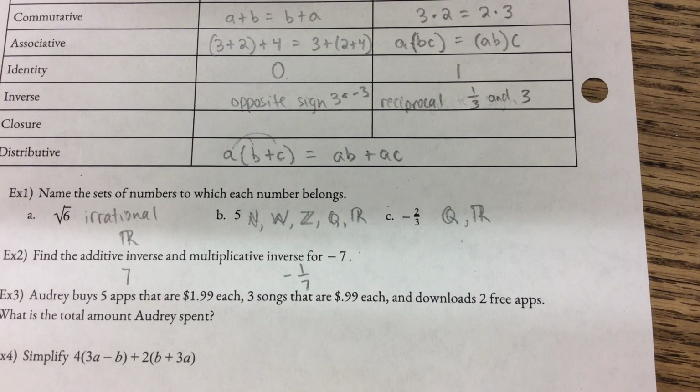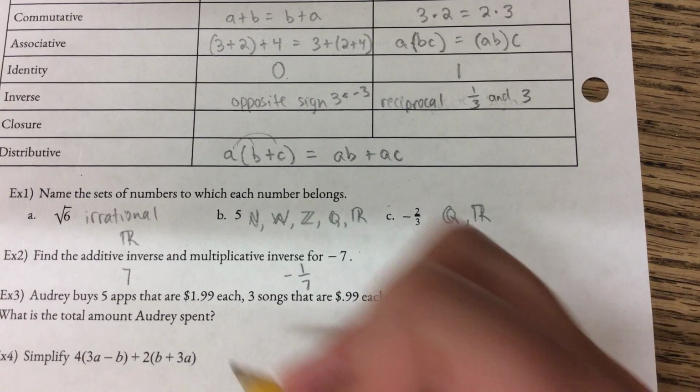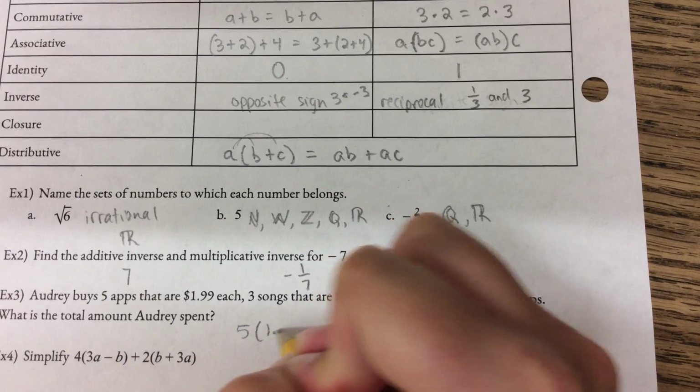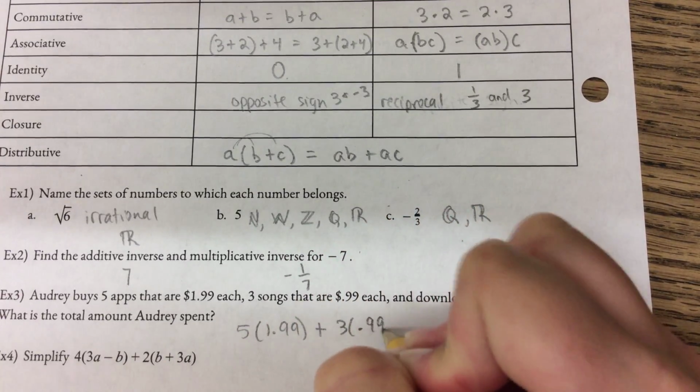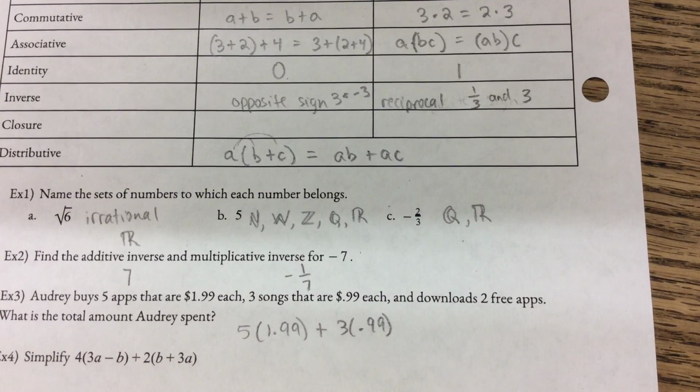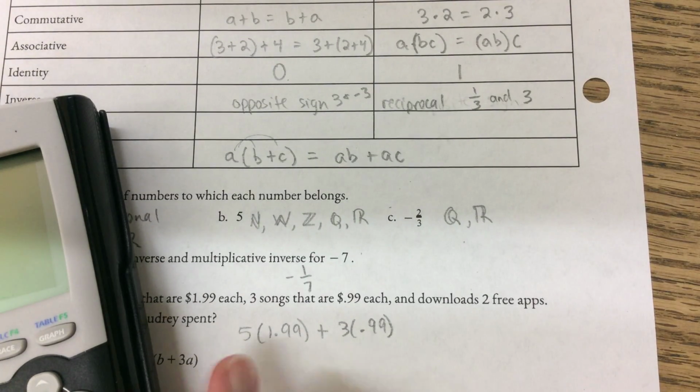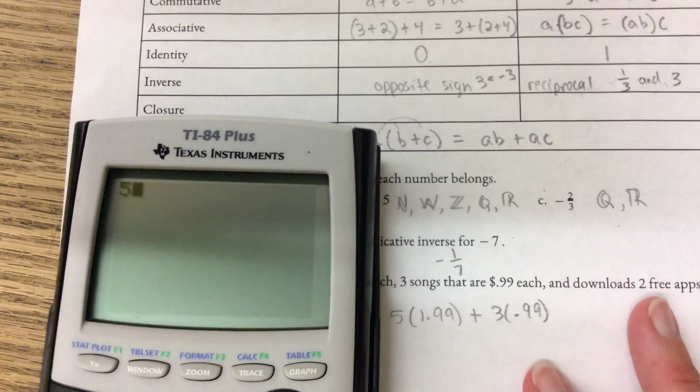Okay, example 3 says Audrey buys 5 apps that are $1.99 each, 3 songs that are 99 cents each, and downloads 2 free apps. What is the total amount that she spent? So we have 5 times the $1.99 and 3 times 99 cents a piece. You want to do your multiplication first and then your addition, or you can just type the whole thing into the calculator at once.